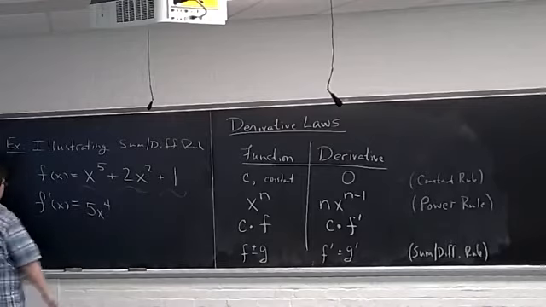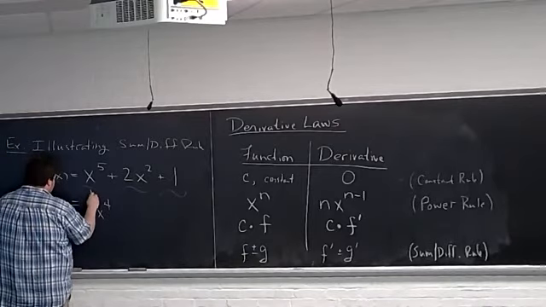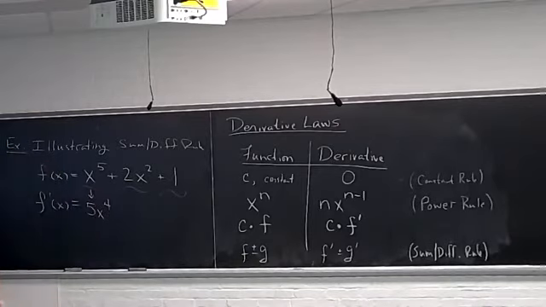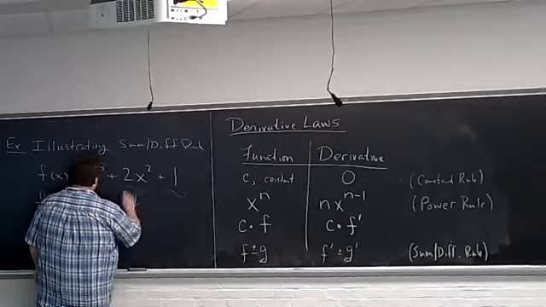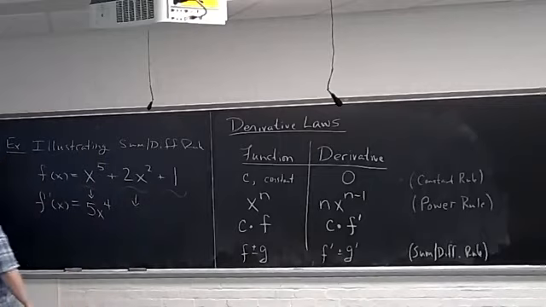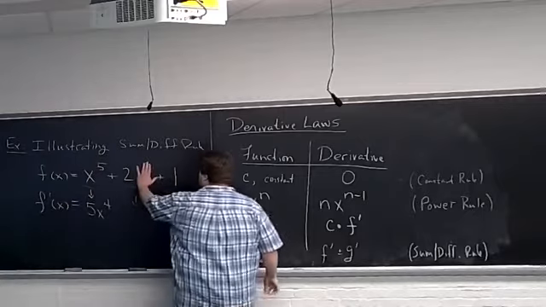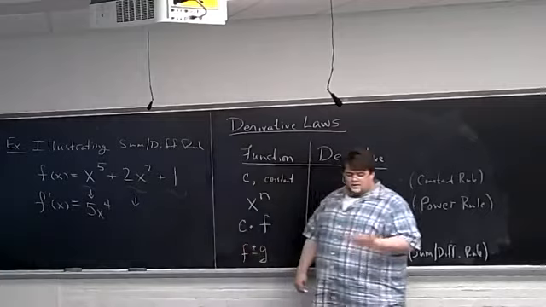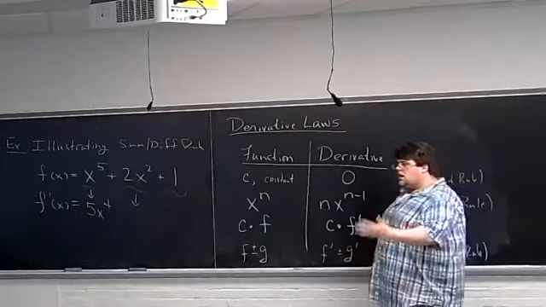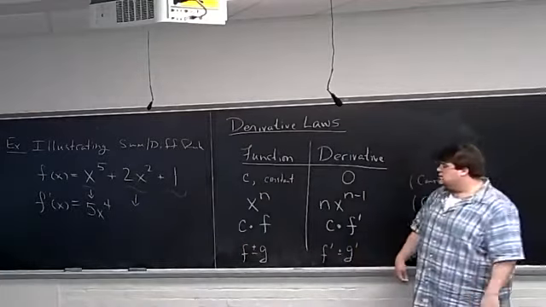Maybe I'll draw an arrow here to make it clear that we're just doing this one piece at a time. Any questions about that first piece? Okay, how about the next piece? Well, we have 2x squared, but first I'd like you to observe 2x squared has a 2 and an x squared. So it really has two things going on, a constant and then a bunch of x's.